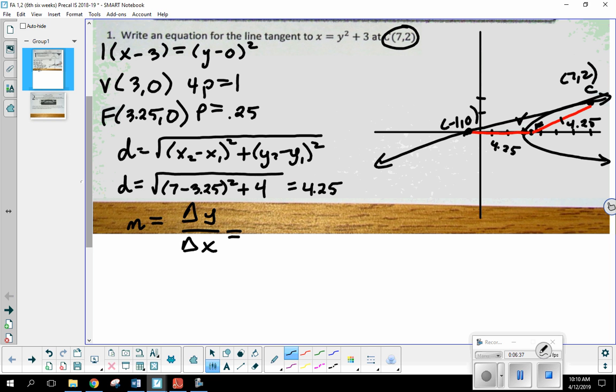So let's take the difference of the y's: 2 minus 0 will give me 2, over 7 minus negative 1. Somebody say it, that's 8. So we're getting 1/4, so that's 0.25 again. Okay, thank you.